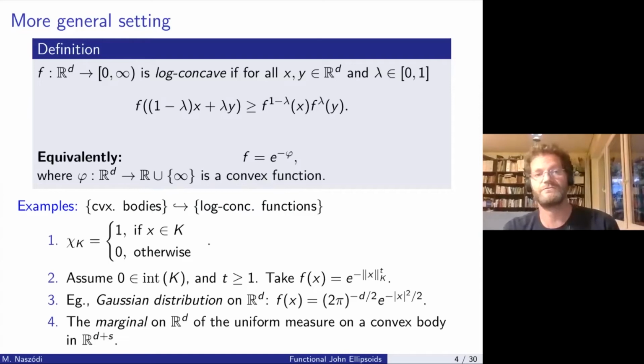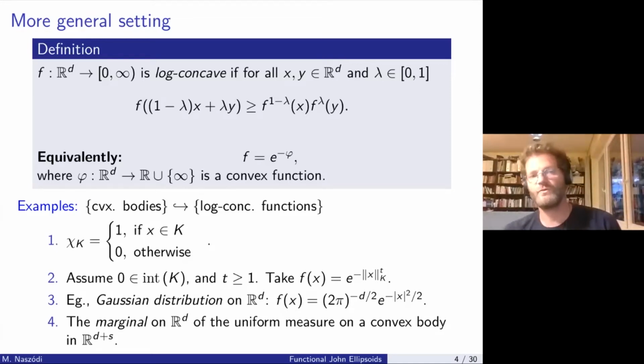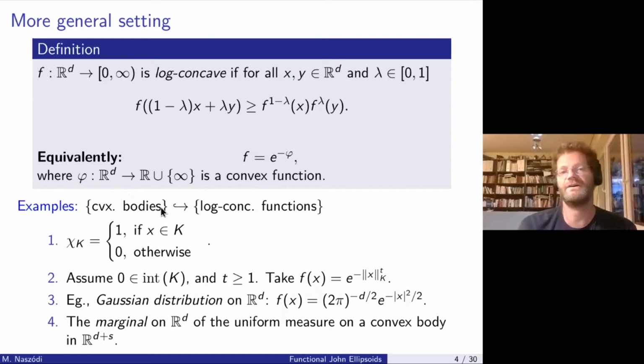There is no problem with that. So why is the theory of log-concave functions an extension of the theory of convex bodies? Let me show you a few ways in which you can embed the set of convex bodies into the set of log-concave functions.